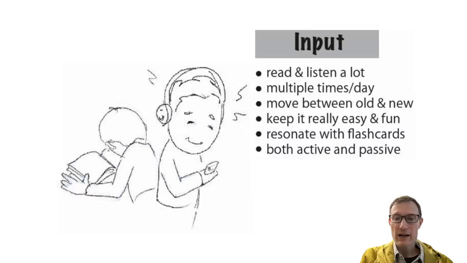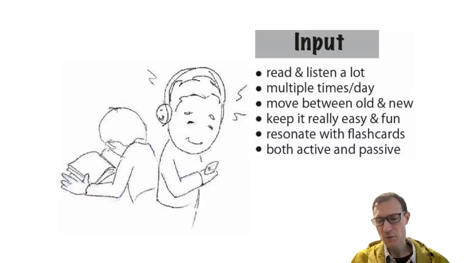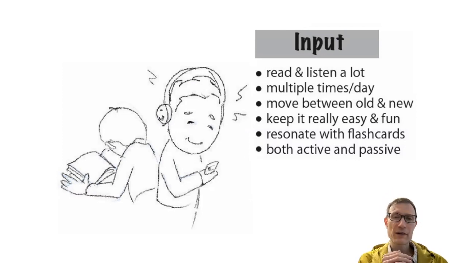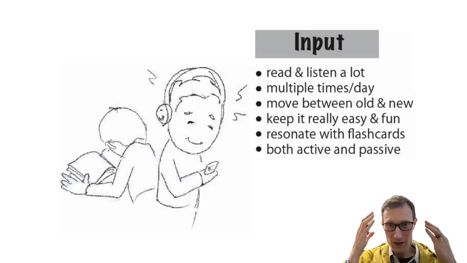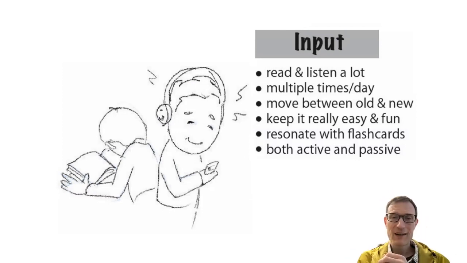The next thing that I have here is what I call resonating the input with flashcards. And so I'm going to explain now what I mean by this. I said before that I don't recommend that people just use flashcards, because as we talked about, that doesn't really stimulate your brain in the way that you need to for the language to be acquired.